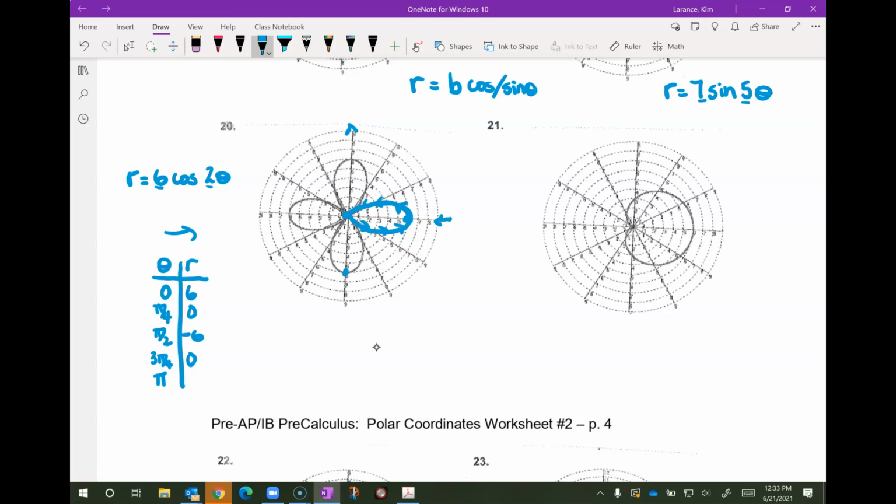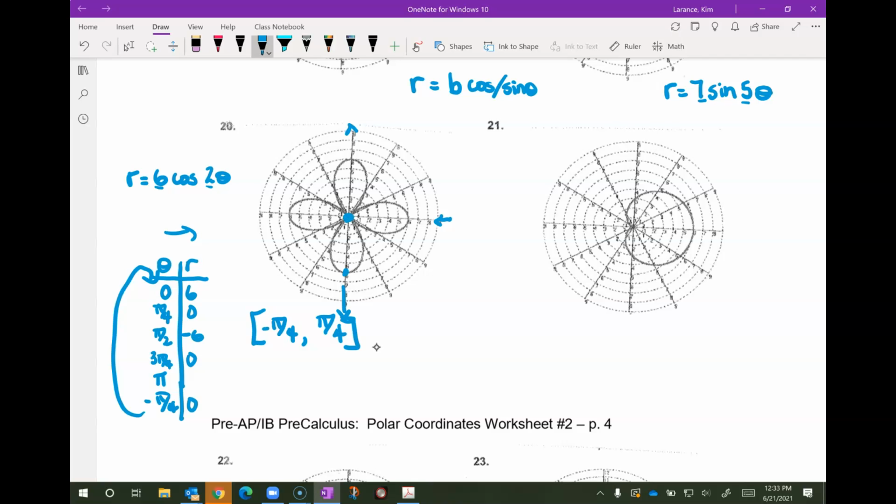So what if I go from negative pi fourths to positive pi fourths? Will I get that petal? And I think you're going to see that we will. Negative pi fourths, and then we're going to come around here and start up here. So that's the cosine of negative pi over 2. So negative pi over 2 is down here. And we get 0.